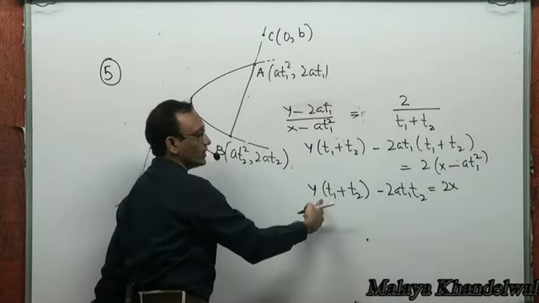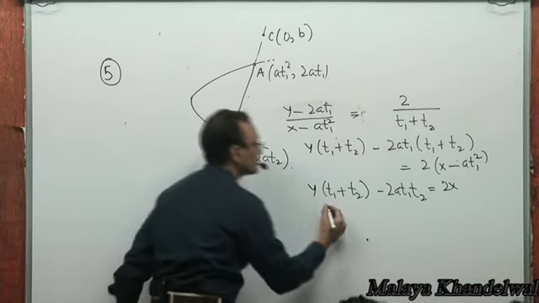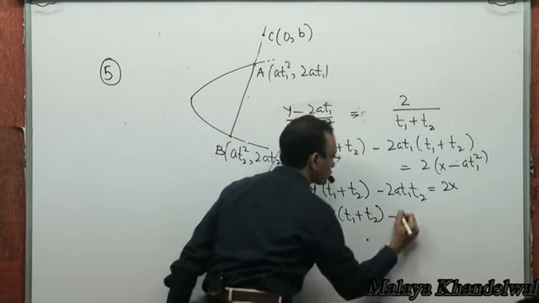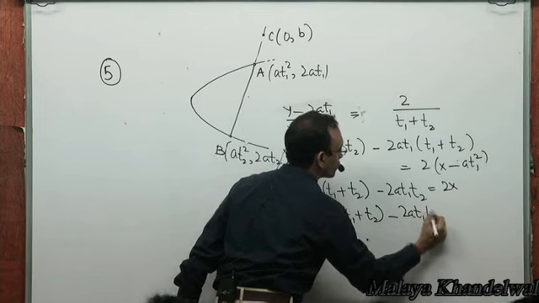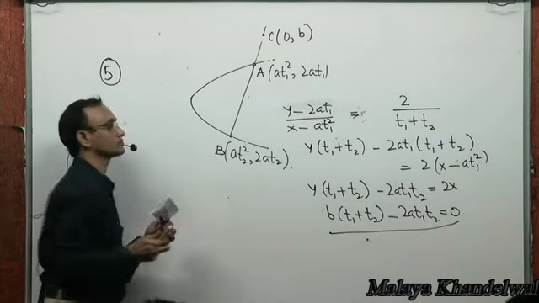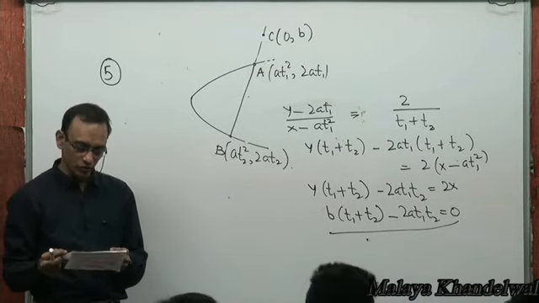So put x equal to 0 and y equal to b in this case. So b into t1 plus t2 equal to 0 is the required condition. You didn't need to know parabolas for this.